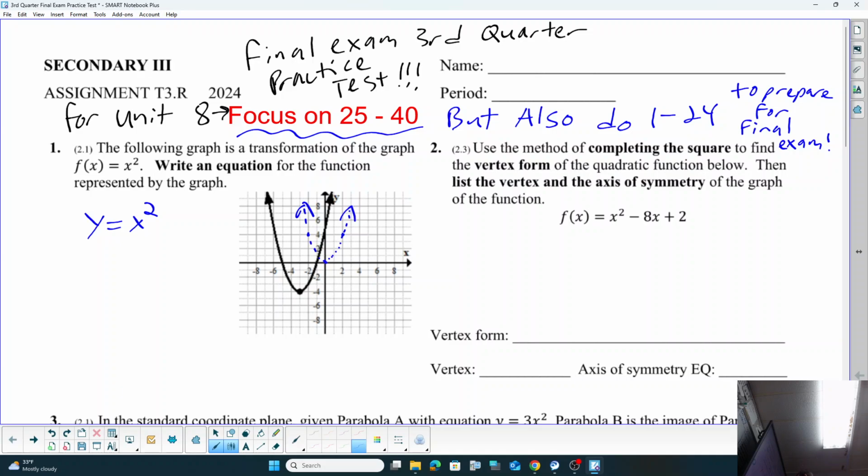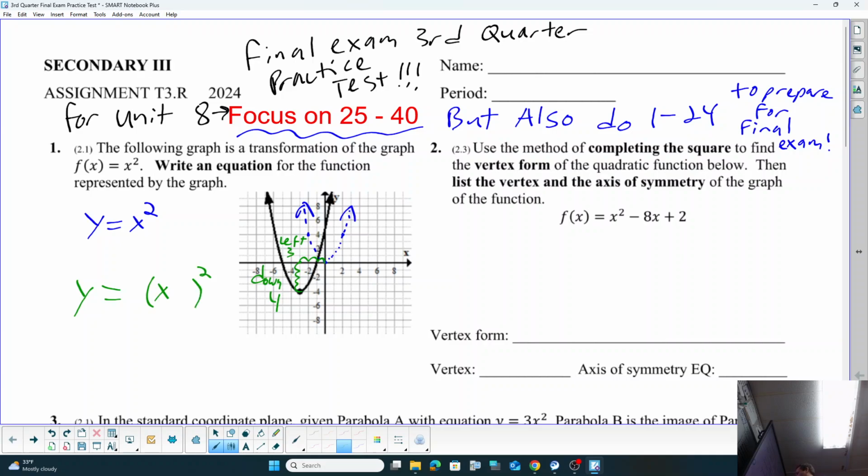Well, let's see. Pause me. Try it on your own. Go ahead and pause me. So we go 1, 2, 3. So that's going to be left 3. How far down is it? Down 4. So how do we write an equation with left 3 down 4 is the question, right?